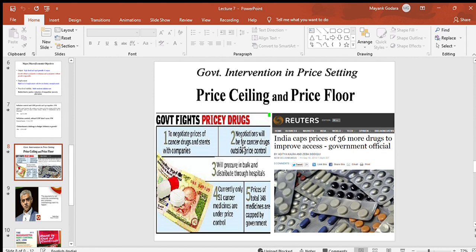You can see some data in which the government fixed a medical price ceiling limit so that poor people can afford medicine.